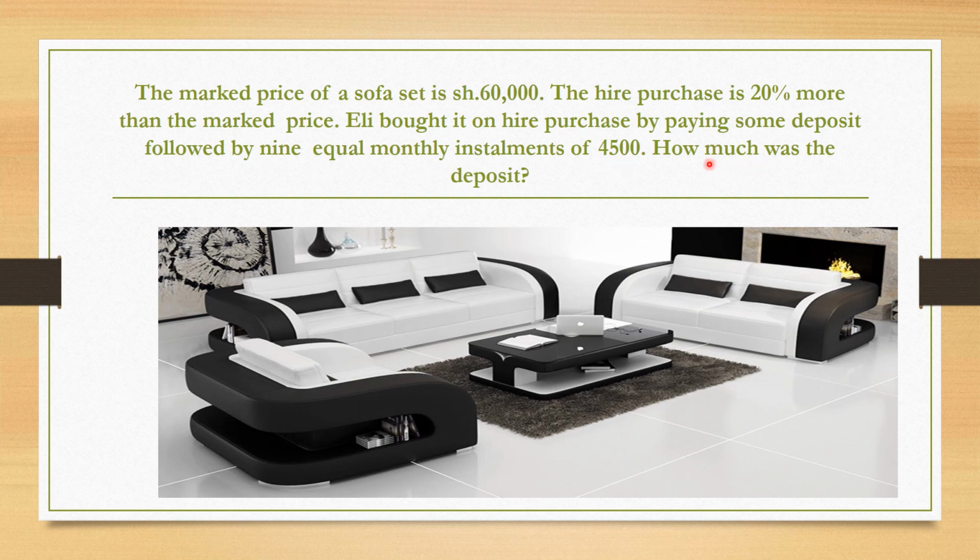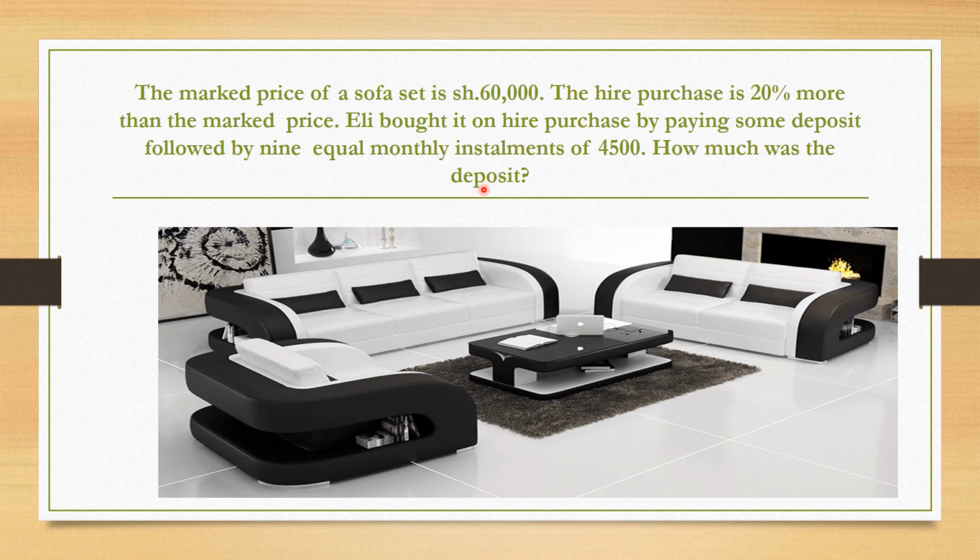Then the question is, how much was the deposit? Remember, we also said that deposit is equal to hire purchase minus total monthly installment. I can get the total monthly installments here, but I don't have the deposit, and even the hire purchase I don't have. So the first thing is to find your hire purchase so that it will help you to find the deposit.